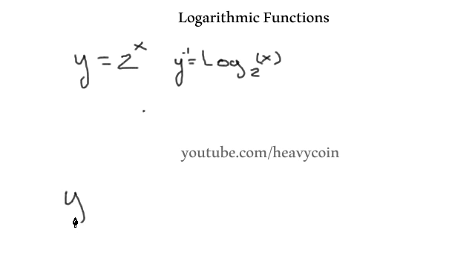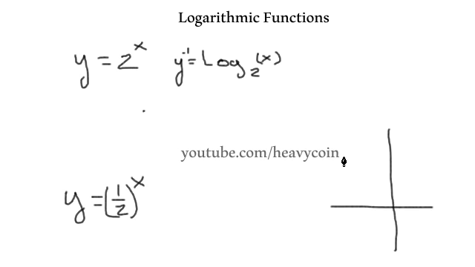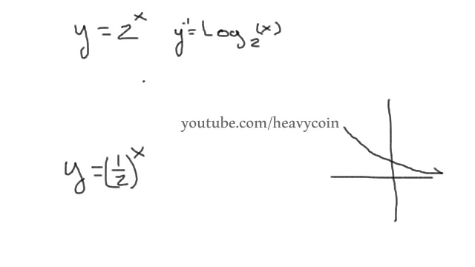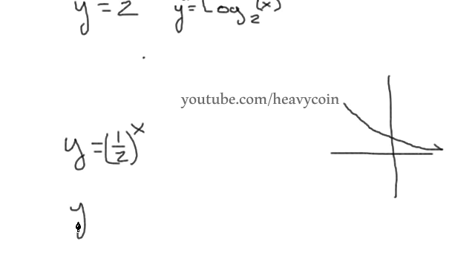We have y is equal to a half raised to the x. That was this part of the graph coming down and decreasing like this, and its inverse is going to be y is equal to log base a half of x.